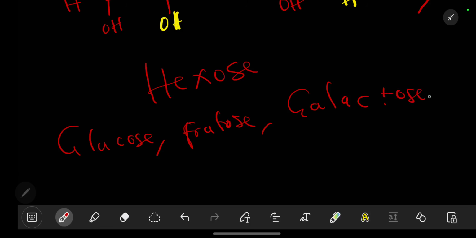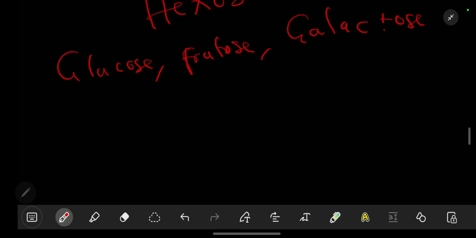So these are some of the hexoses that we might have. So now let's dive deeper. So before that, let's just look at what are some of the disaccharides formed. So disaccharides are formed when 2 or more of these combine together.